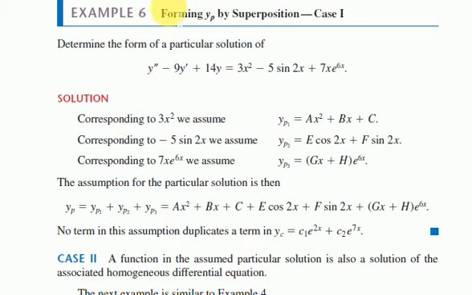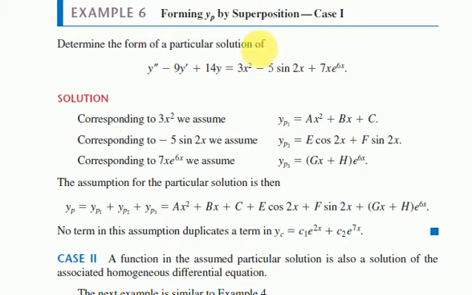Now let's move towards the other example, which is forming yp by superposition. Again we are forming yp as we did in the last two questions. The given question is to determine the form of a particular solution of this differential equation: y double dash minus 9y dash plus 14y is equal to 3x square minus 5 sine 2x plus 7x e raised to power 6x.